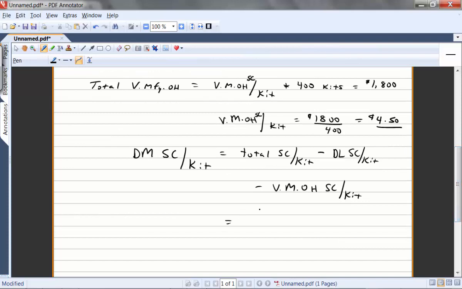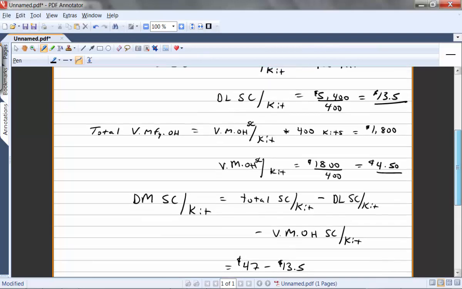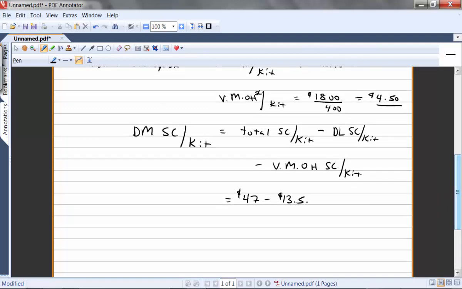So total standard cost per kit was 47. The direct labor standard cost per kit was 13.5 here, and the variable overhead standard cost per kit was 4.5 here. So the direct material standard cost per kit is 47 minus 13.5 minus 4.5, or $29. So it should have cost us $29 per kit for direct materials.